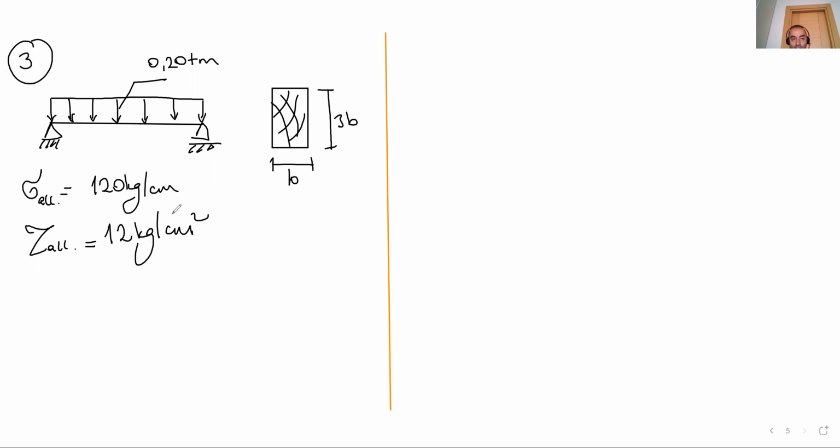If in the question an allowable displacement level is given, it can be checked for that. But if it's not given, just calculate the dimensions according to given allowable stresses. I will show you. E is important.